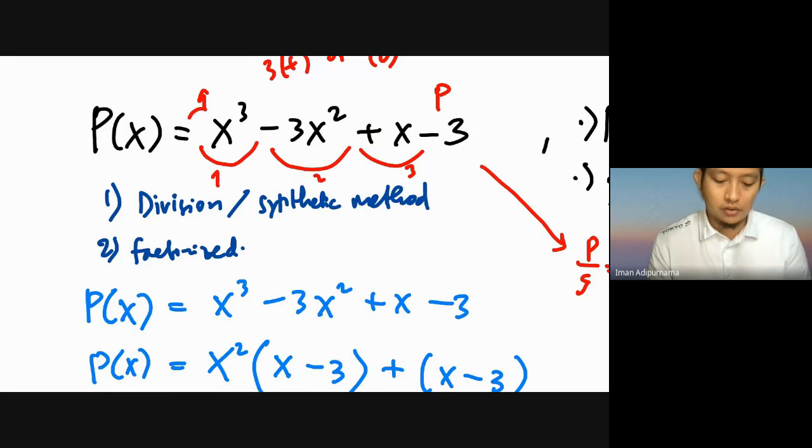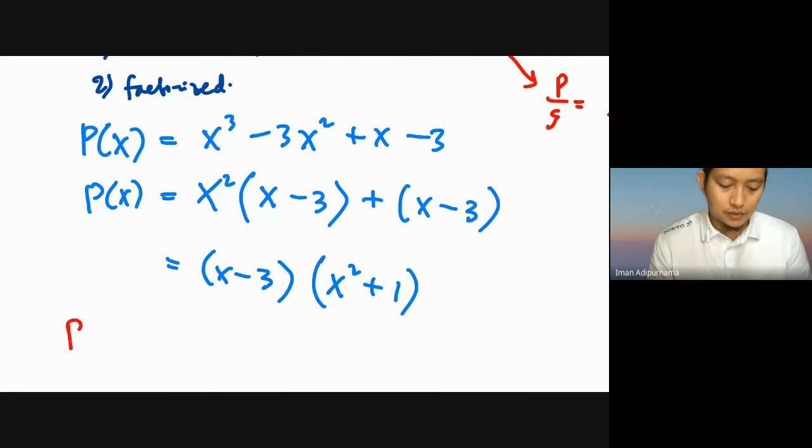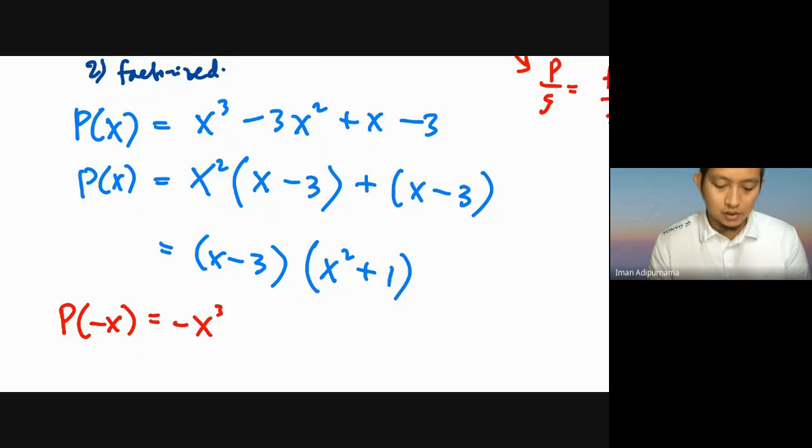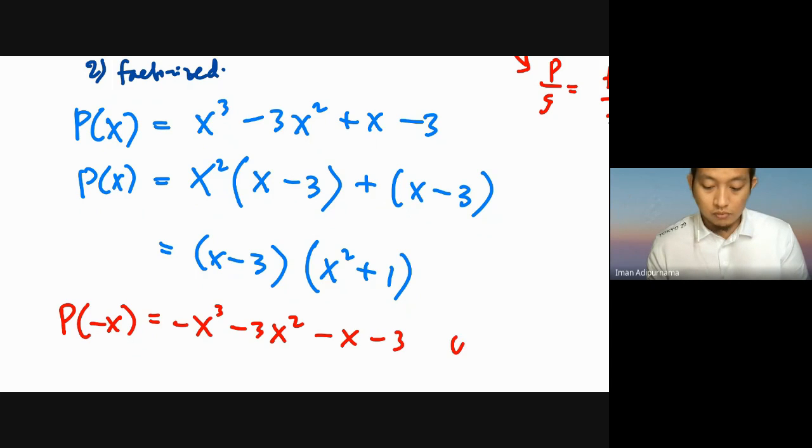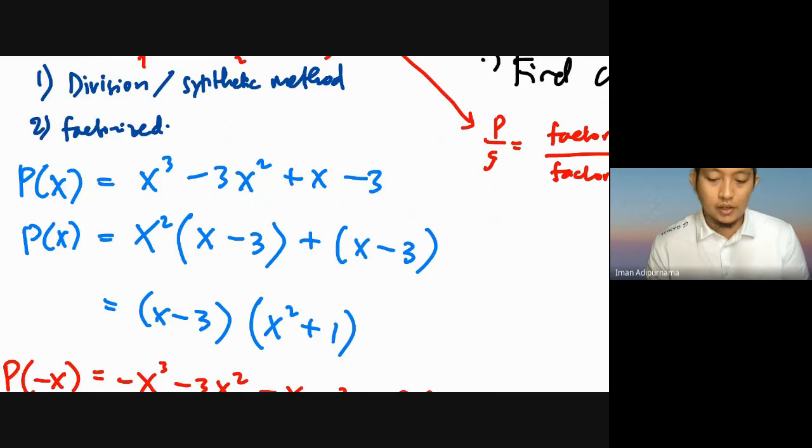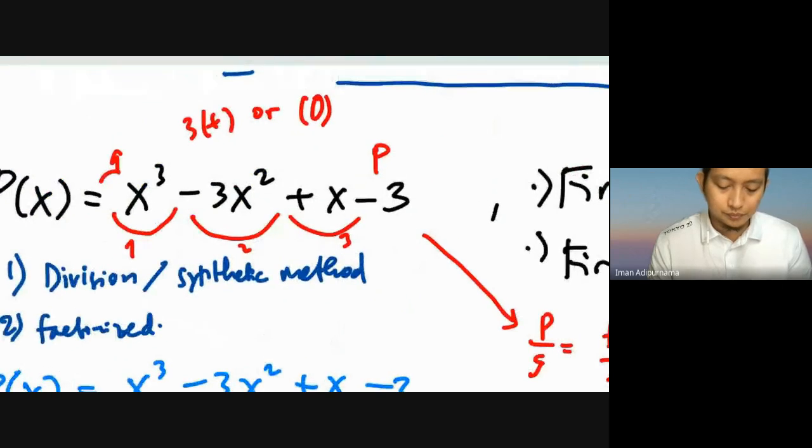Or we can also check whether we have the negative. This will be negative x cubed, negative 3 x squared, and then minus x minus 3. There will be no negative zeros. So we will have 3 or, oh, it's not 0, this should be 1, sorry. 3 or 1 positive zeros.